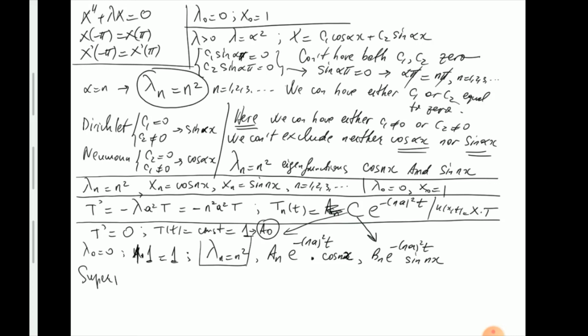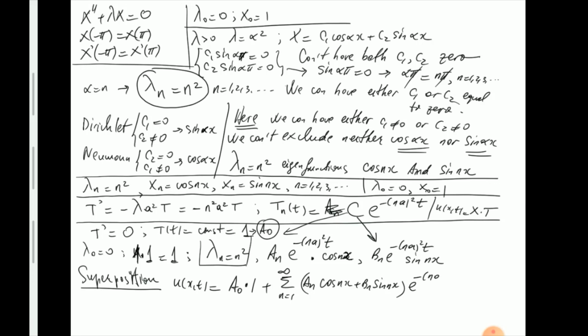So superposition principle means that now you're looking for a solution of the form some arbitrary coefficient times the eigenfunction 1, plus the summation from 1 to infinity of these solutions. So an cosine of nx plus bn sine of nx, times e to the minus n a squared t, because we can pull out that exponential.